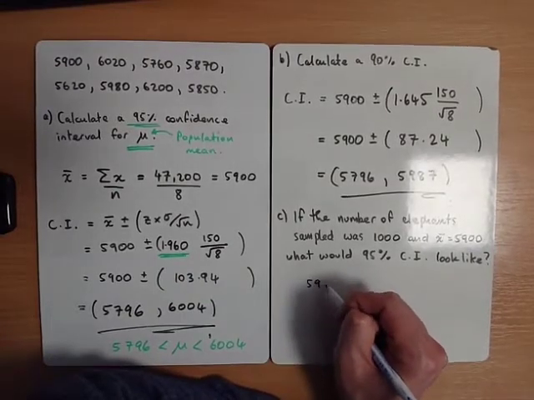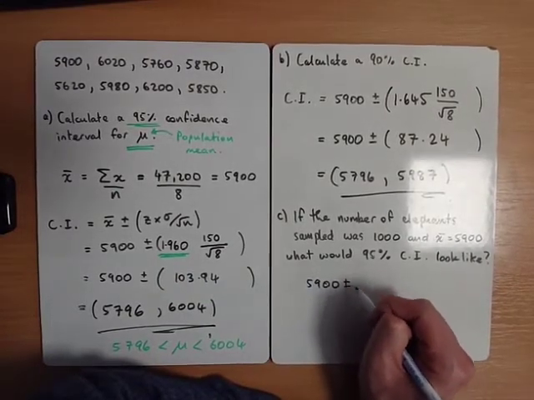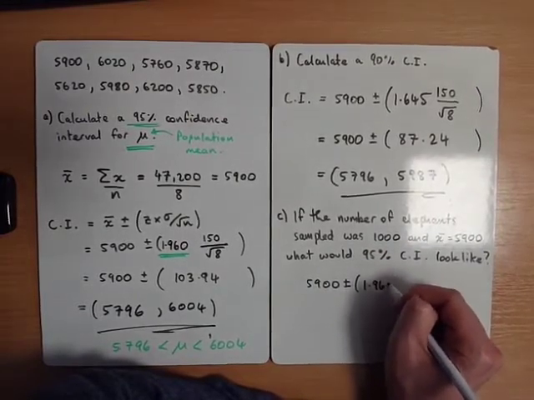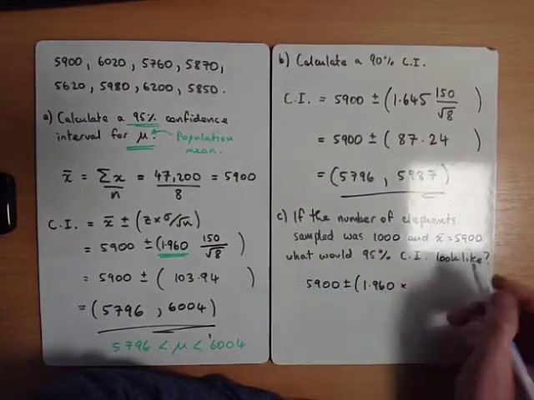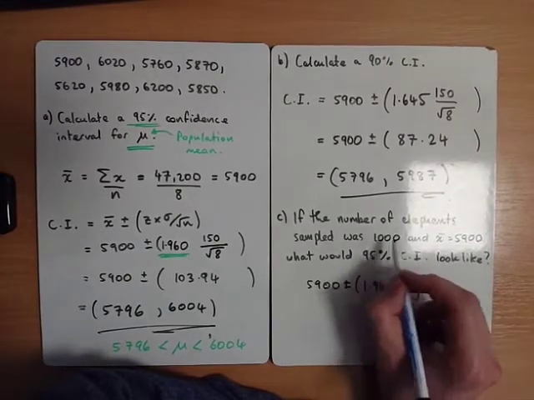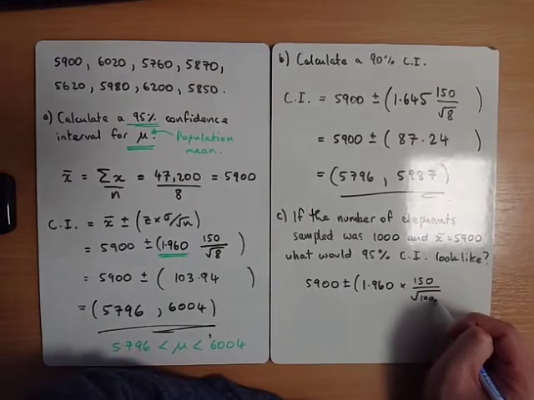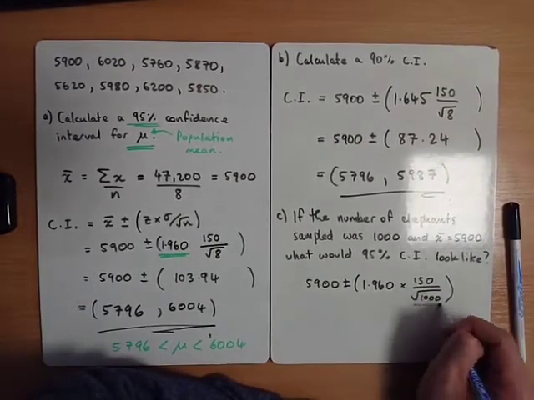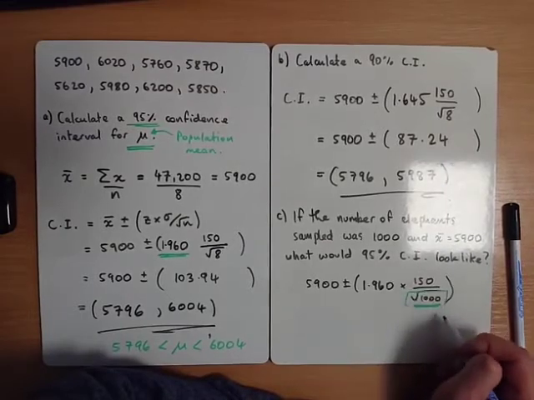We've got 5,900 plus or minus the 95% interval, so the Z value would still be the same. The standard deviation is still 150, but we'd be dividing by the square root of our sample size, which is 1,000. And hopefully we can see by now that that is going to be a bigger number.